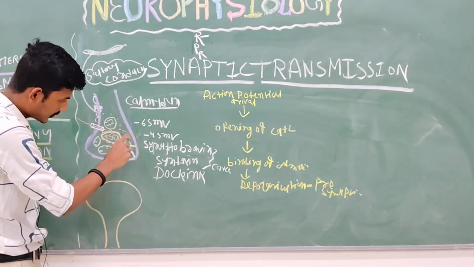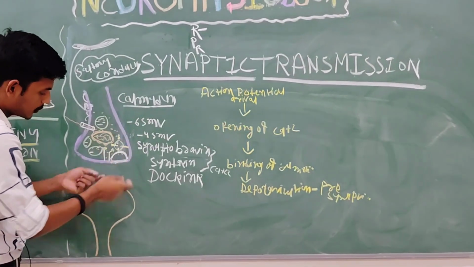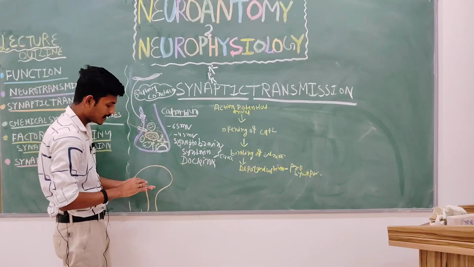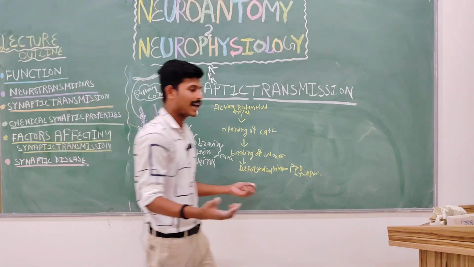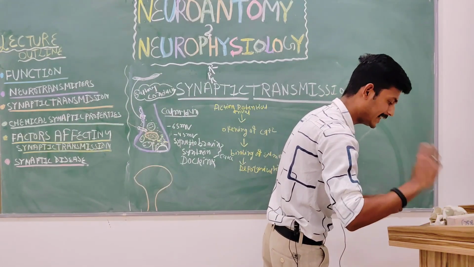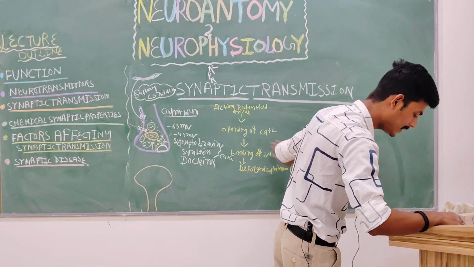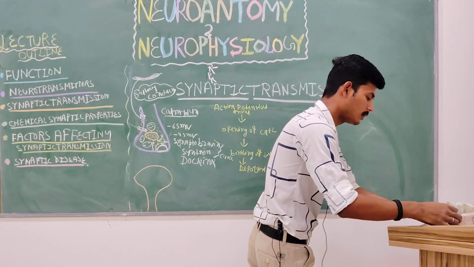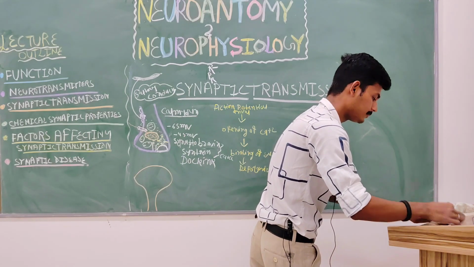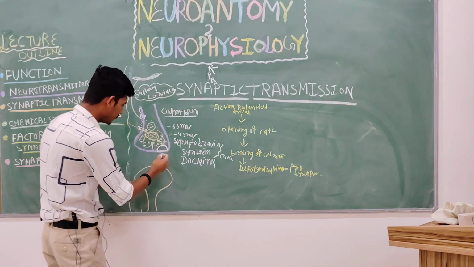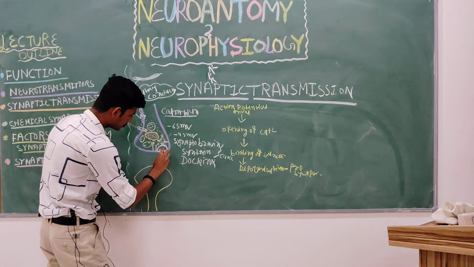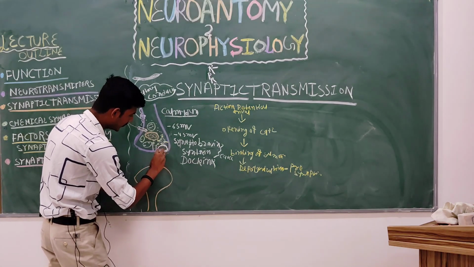Now these synaptic vesicles will fuse on the synaptic part, and there will be exocytosis of the content held by these synaptic vesicles, that's your acetylcholine.